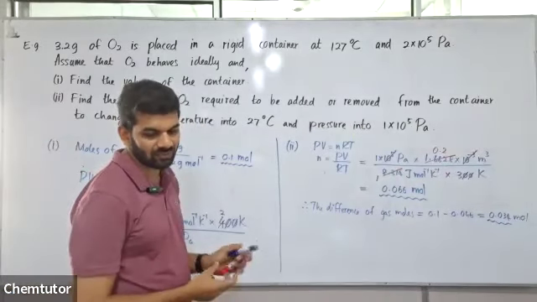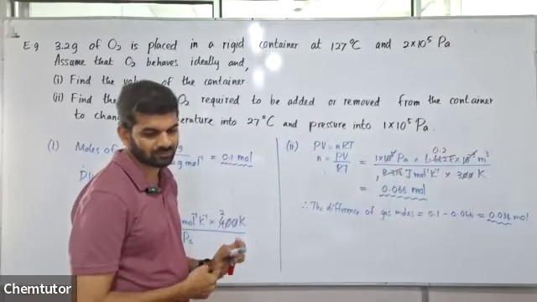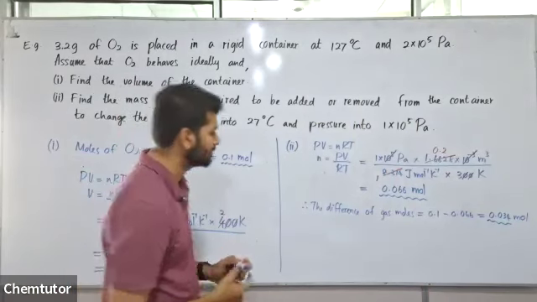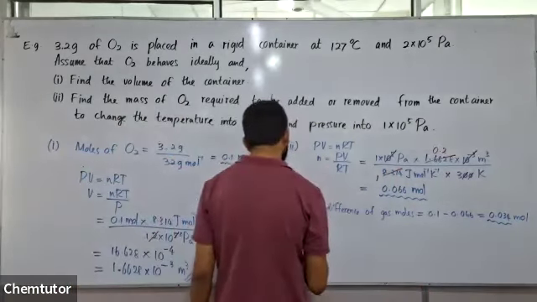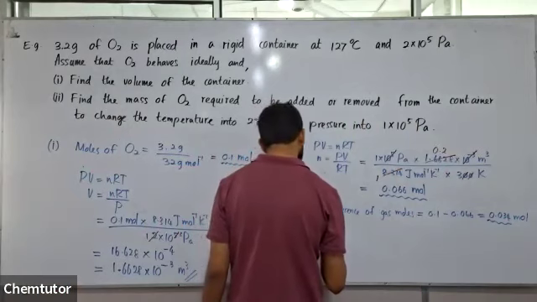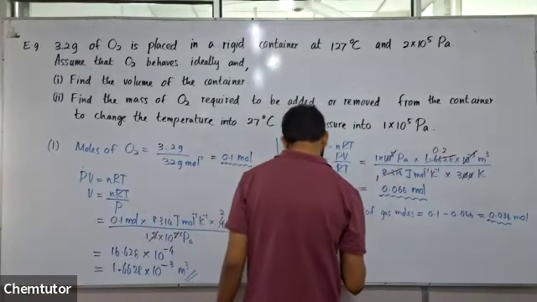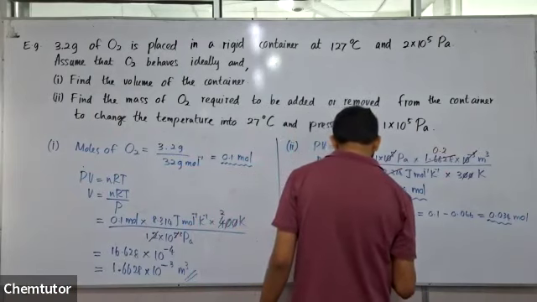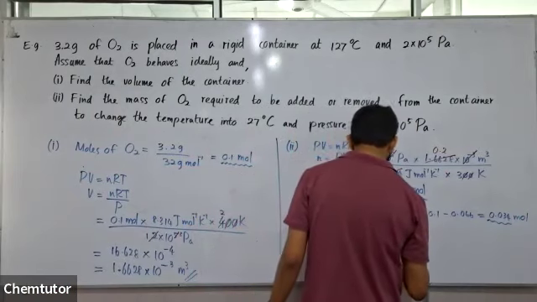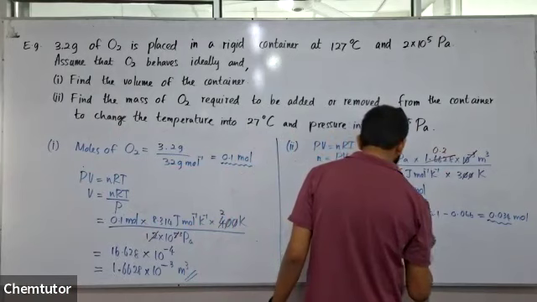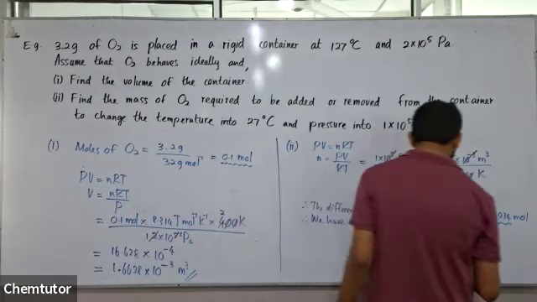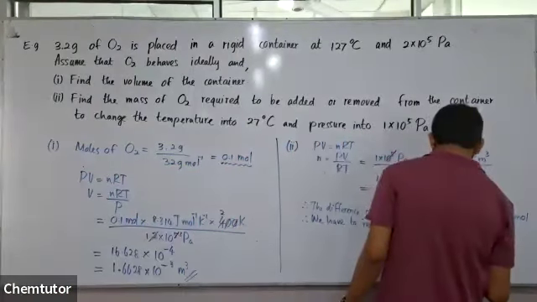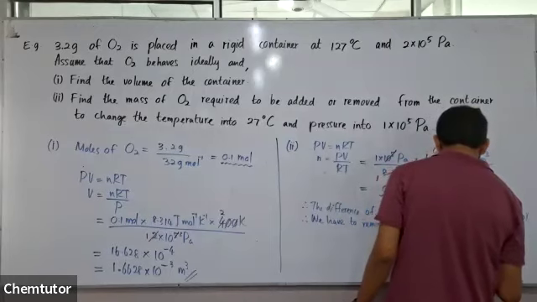Then we can say, therefore, we have to remove 0.034 moles of oxygen from the container.